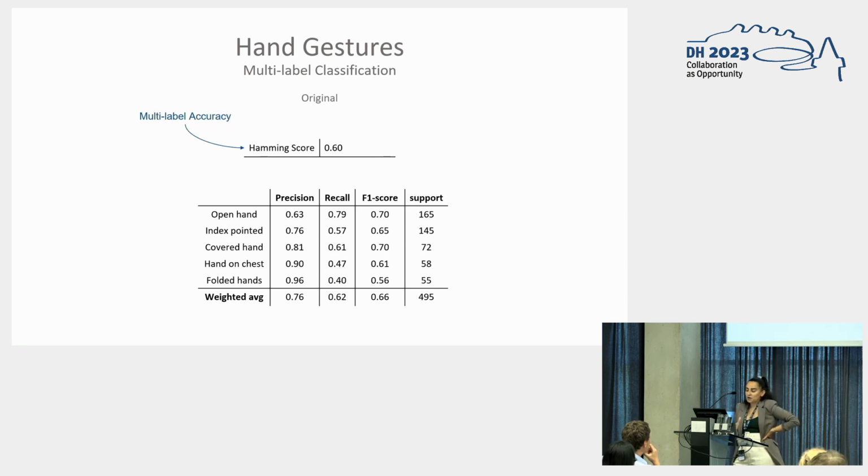Our best performing model for classifying hand gestures is our original model without regard for varying class frequencies, which had a Hamming score of 60%, which is basically the multi-label accuracy, so to say. And similar to all previous models, we see performance is low for minority classes.